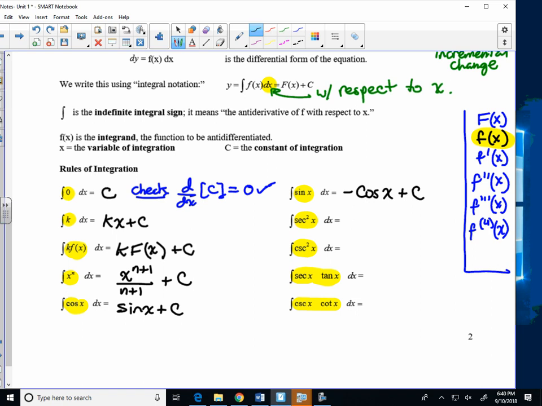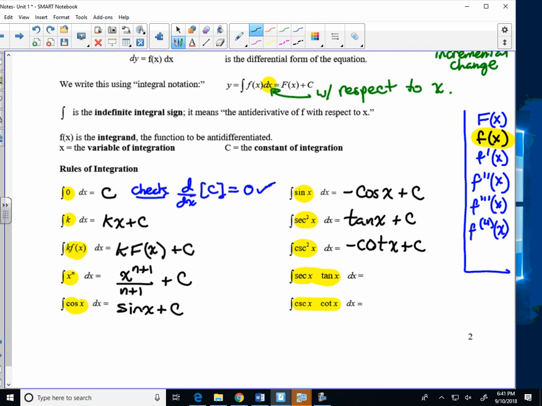Antiderivative of secant squared. Tan x plus C. Very good. Cosecant squared? Negative. Yeah. Very good. Antiderivative of secant x tan x.